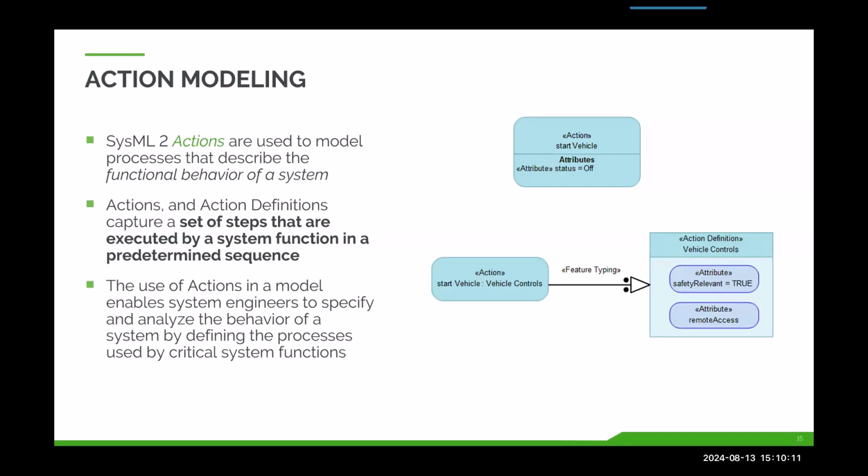So it helps to model the behavior and ensure that the planned design behaves in the correct way and satisfies our requirements and our design targets. It enables systems engineers to specify and analyze the behavior of a system in a very detailed way related to the system's design. And then we can define the processes that are used by critical system functions.